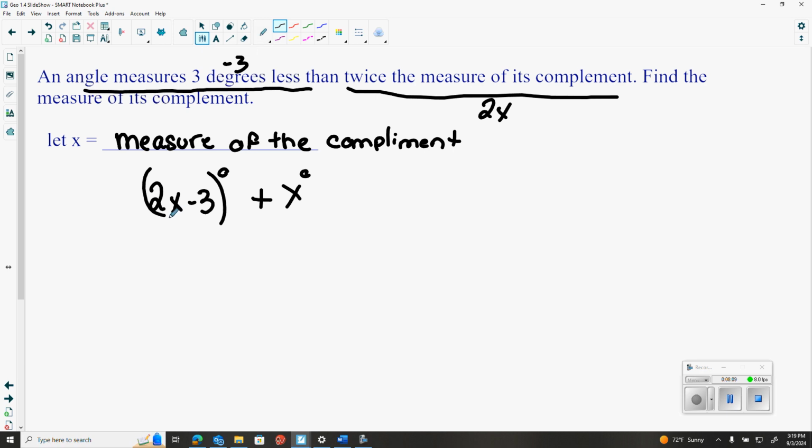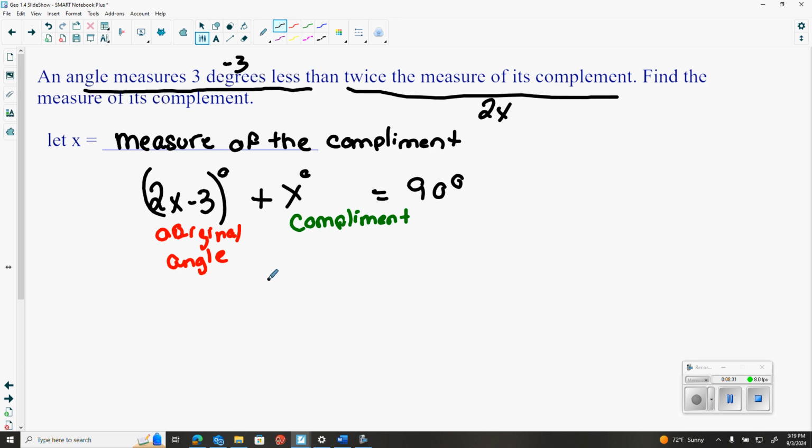But this is the original angle, and then this would be the complement. Those two, since they're complementary angles, are going to equal 90 degrees.